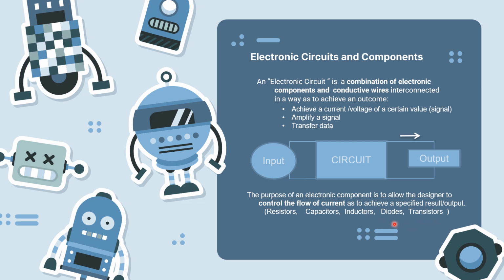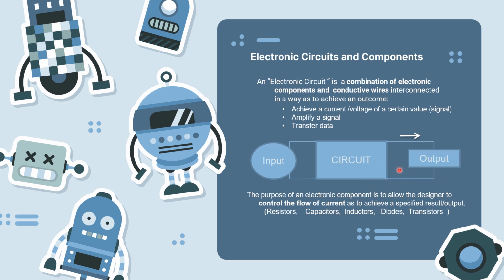And the purpose of designing an electronic circuit is that when we give it an input, we actually expect an output from it. Okay? So this circuit can produce that output, which can be voltage or current for us.